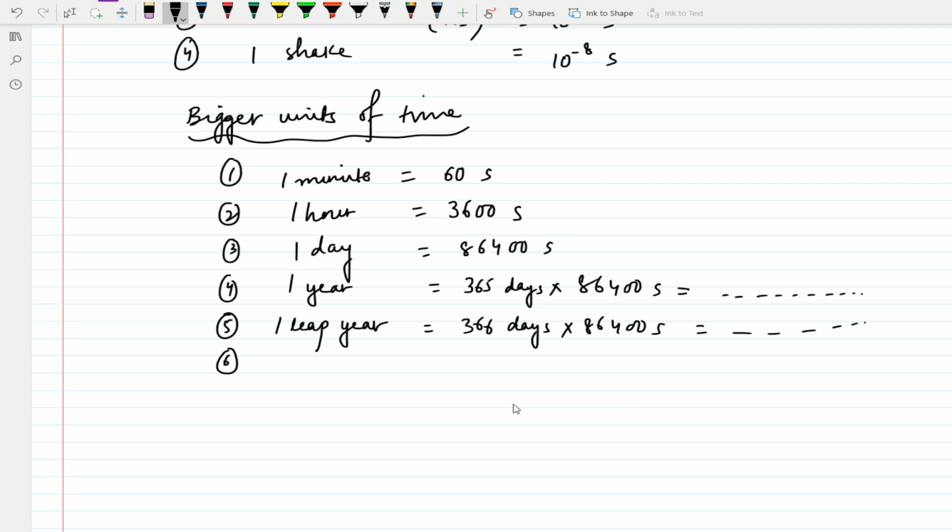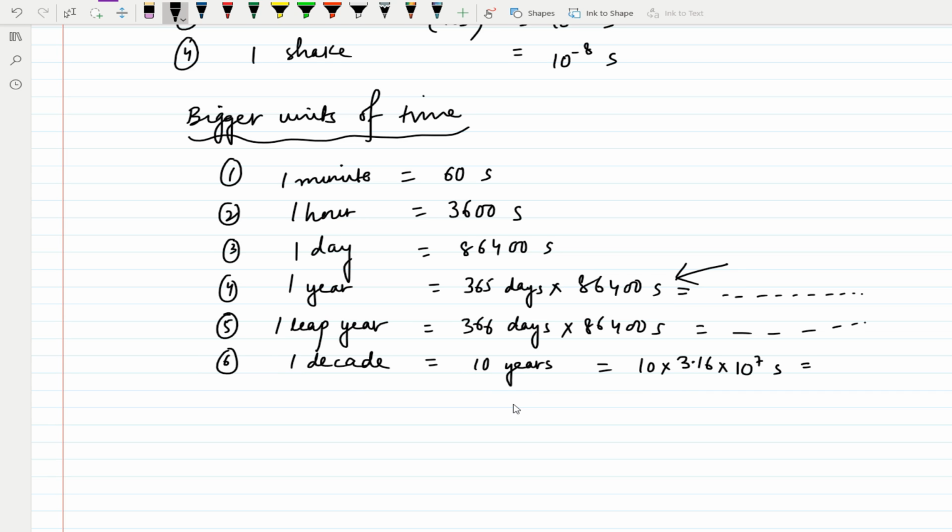Okay, the sixth one is one decade. One decade is 10 years, and then 10 into 1 year is how much? If you multiply this, you will get 3.16 into 10 to the power 7 seconds.